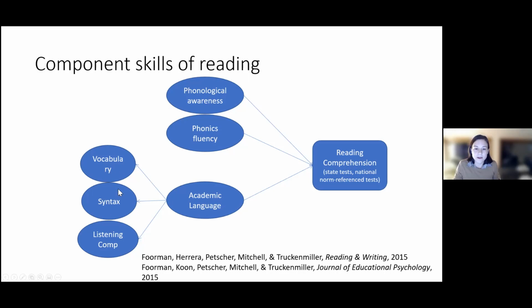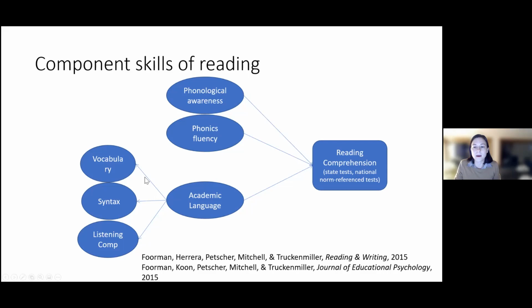And we further found that the language side of it fell within these broad categories of vocabulary, well, a little bit narrower categories than we had before, which was just language comprehension. It was broken down to vocabulary, syntax, and listening comprehension, with listening comprehension kind of falling out, not being as important after grade 2 in these models.